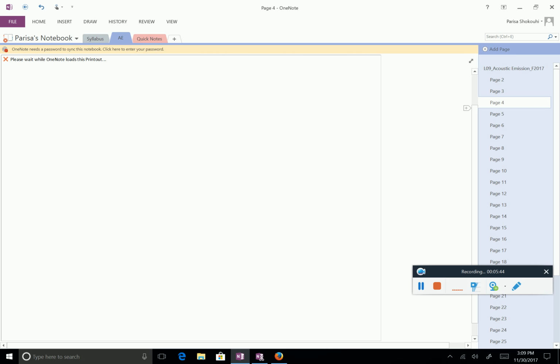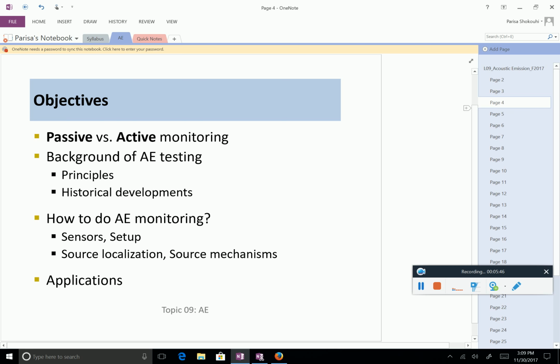Let's just go through the objectives then. What I want to make sure that we are going home with is to understand what is passive monitoring and active monitoring.